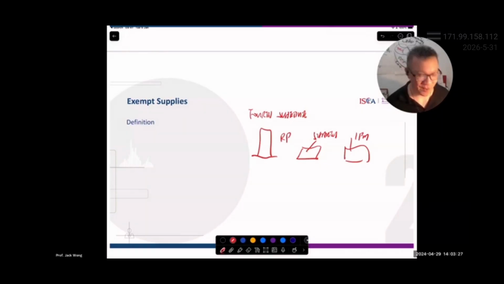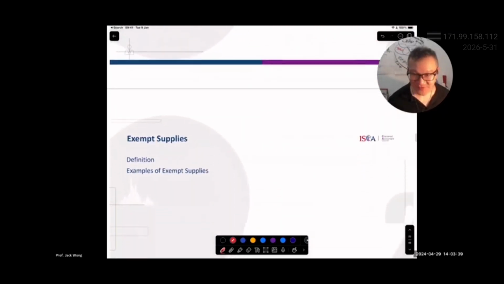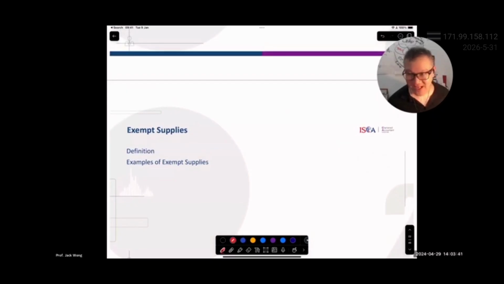Okay, it's very straightforward. Now, I don't deal much with precious metal, so I'll talk about shares and residential property. So how do we apply exempt supply? For example, number one, residential property.